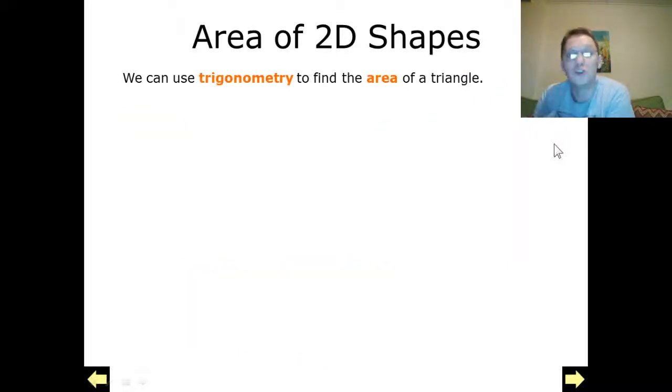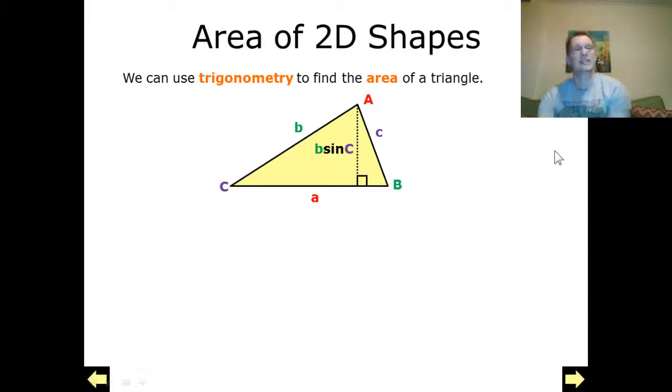We can also use trigonometry to find the area of a triangle. So we are going to be using these facts here. So here we've got a triangle. The angles are labelled by capital letters, so angle A, angle B, angle C. And opposite each one of these angles, we've got the same letter but in lowercase.